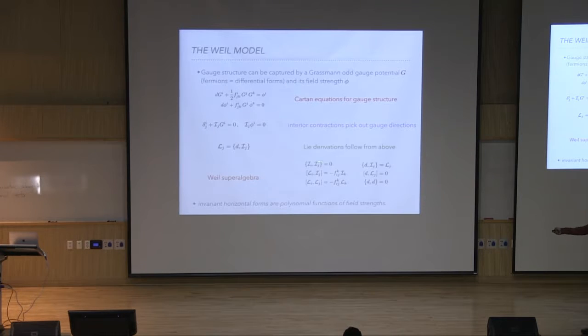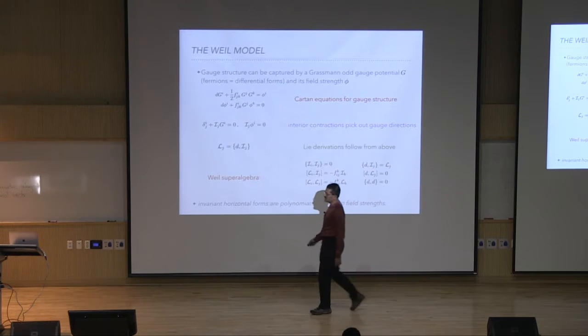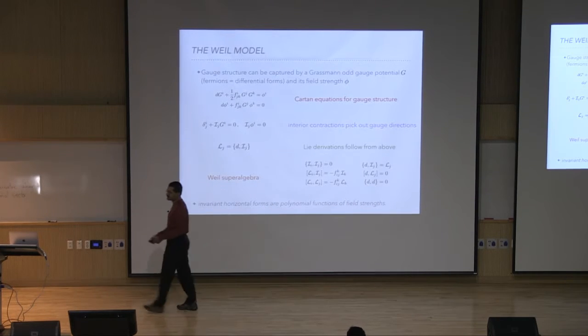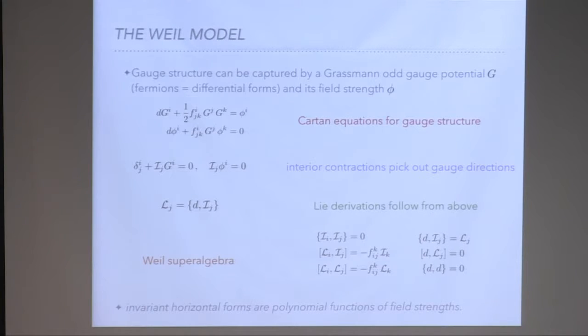Okay, so I squares to 0, D squares to 0, L with I gives you back I, L with L gives you back L, L of course follows the Lie algebra, and then the anti-commutator of D and I gives you L as I just said. But this algebra is not an ordinary algebra, it's a graded algebra because there are both commutators and anti-commutators.